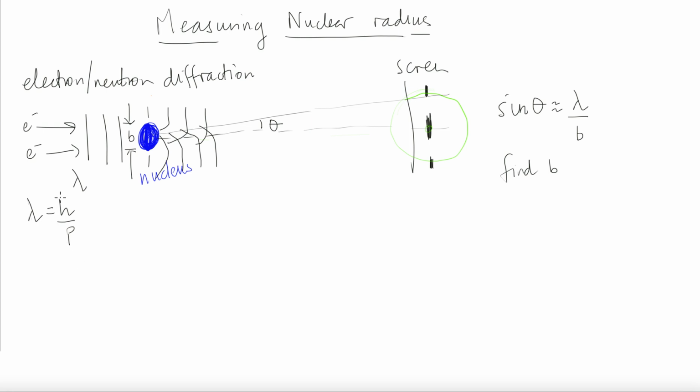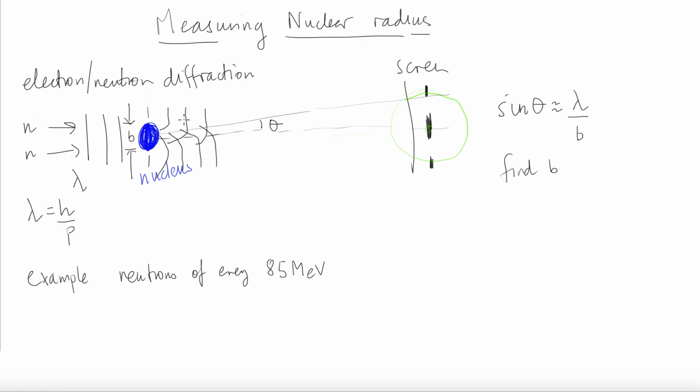We have a beam of neutrons. This time, so just scratch that. Let's say we have neutrons now here, and we give them an energy of 85 MeV.